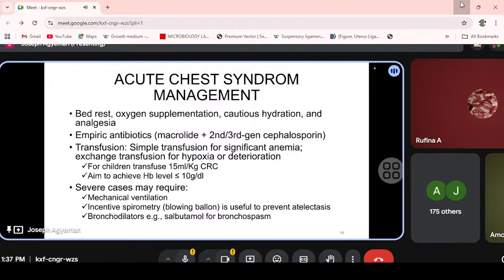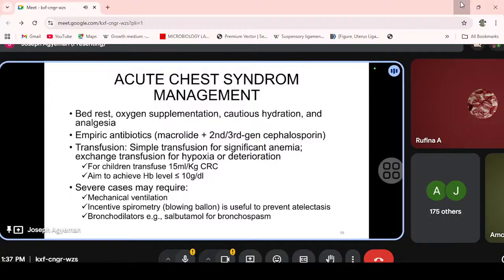Grouping and cross-matching will be done, and if compatible blood is attained, the patient could be transfused to minimize the assault. Do your normal CT or MRI to confirm the stroke and to differentiate between the types of stroke.